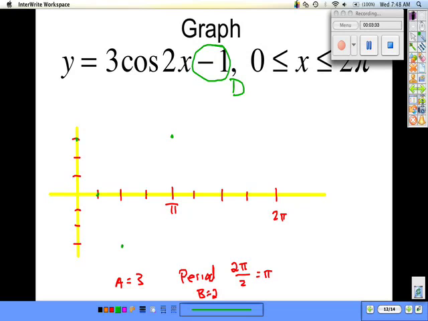And then at those spots, I'm going to label off some more of these values here. And then the cycle repeats itself.